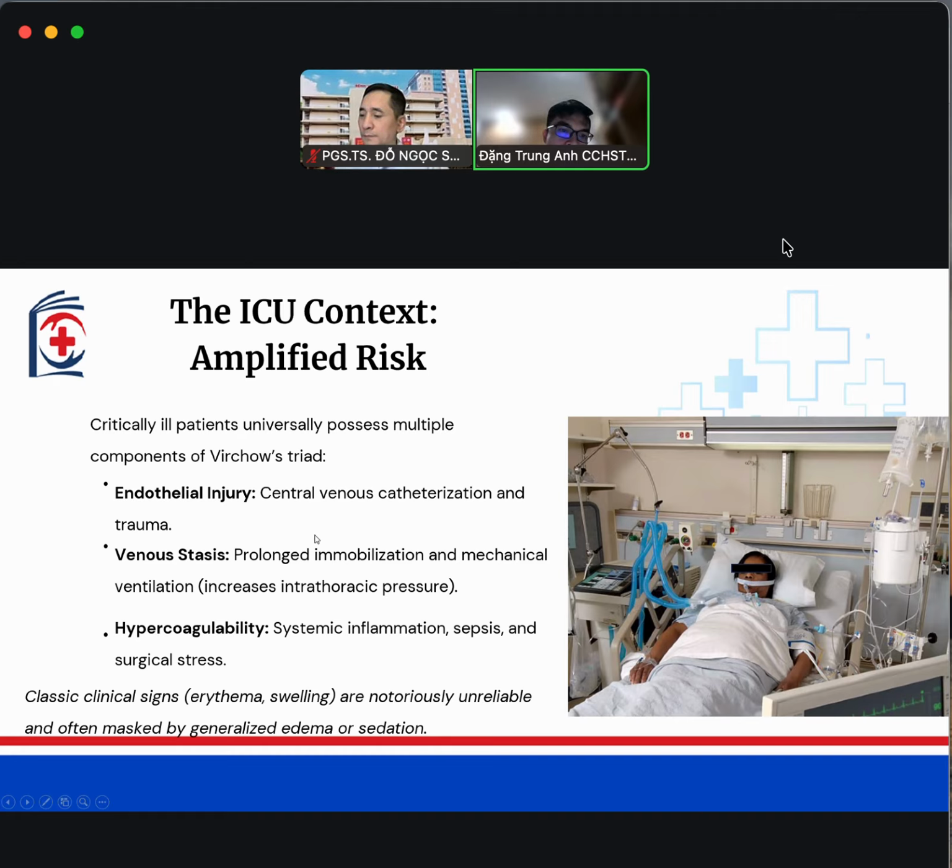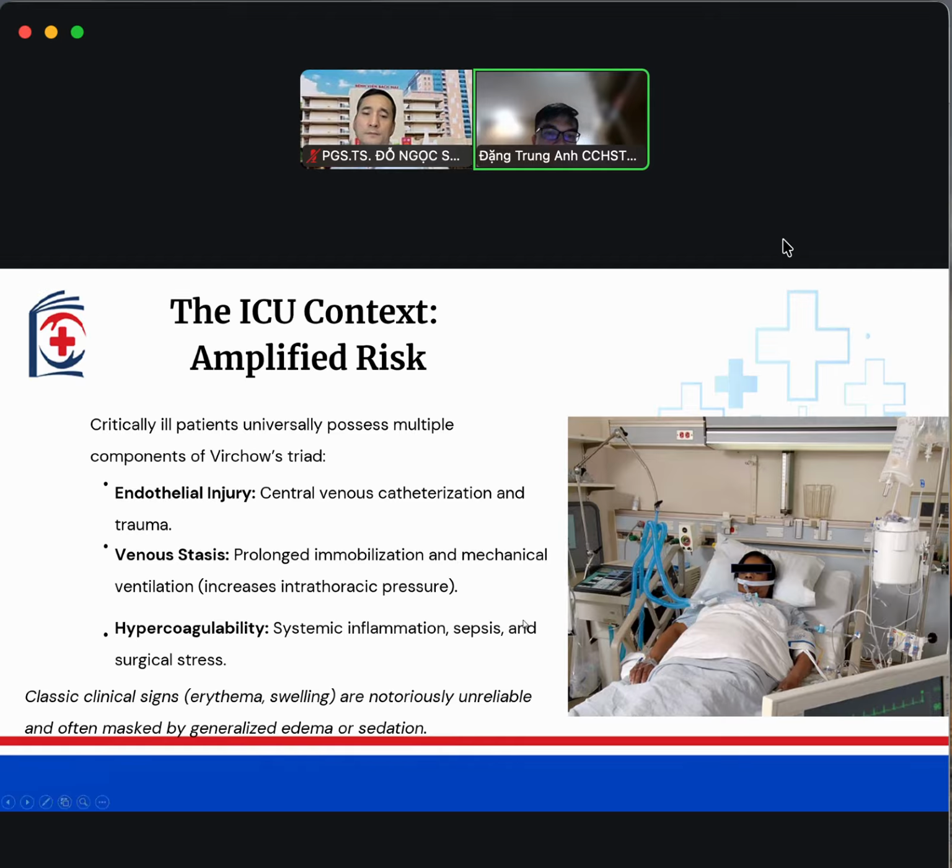Next, venous stasis, when patients have prolonged immobilization and mechanical ventilation that increases intrathoracic pressure, so the venous return is not well. So patients also have more risk for thrombus.